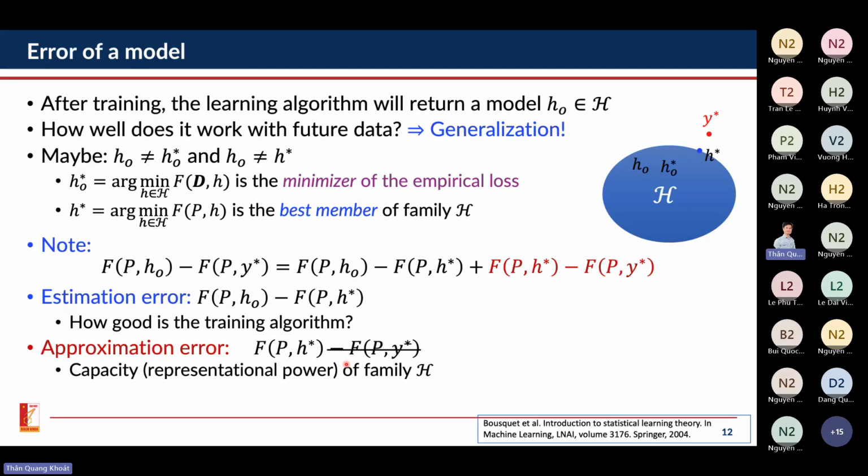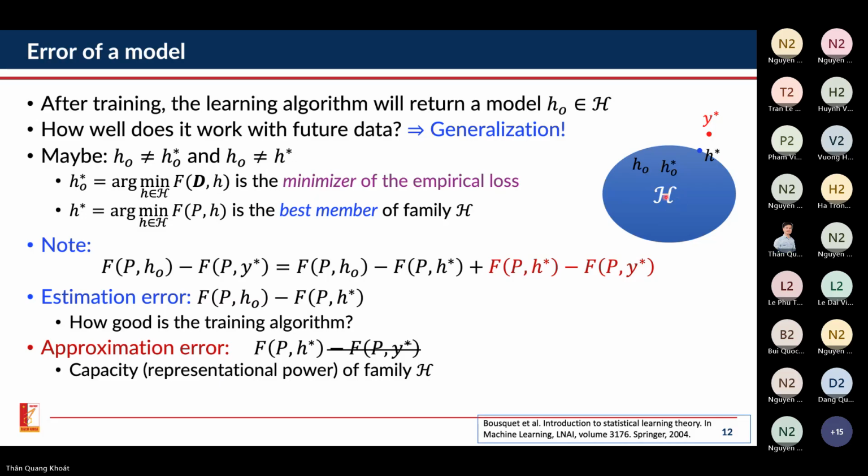Another quantity, the last quantity here, represents the approximation error. In other words, it represents the capacity of the architecture we already choose. For example, initially we choose this family in order to work with our problems.